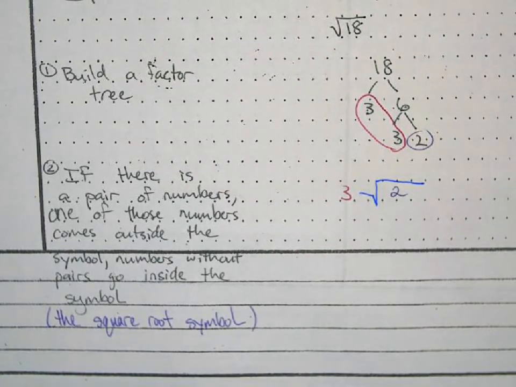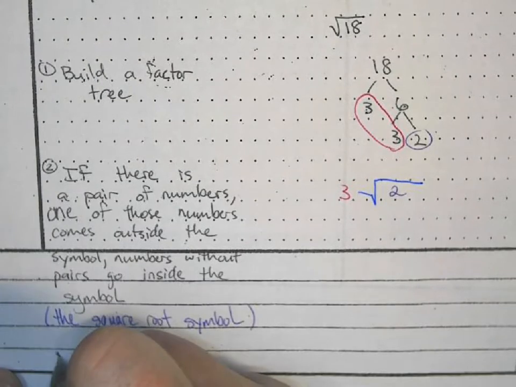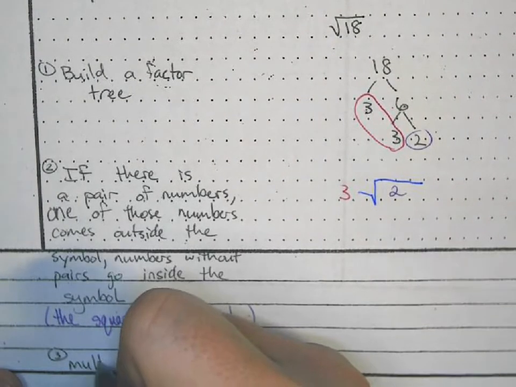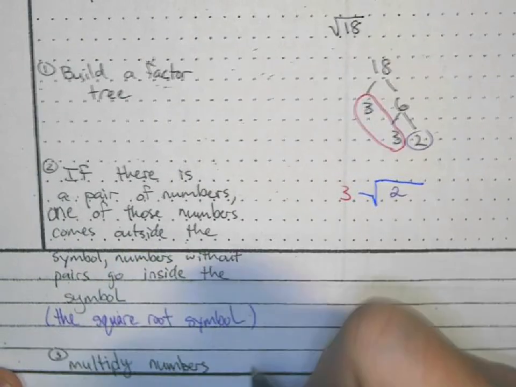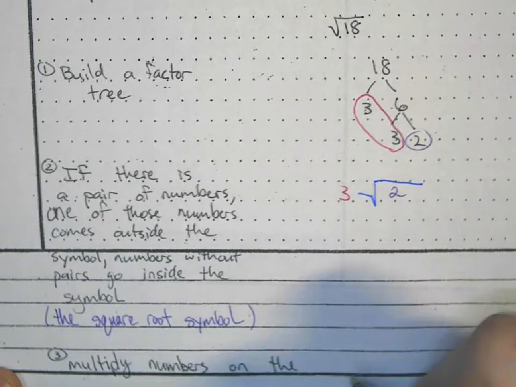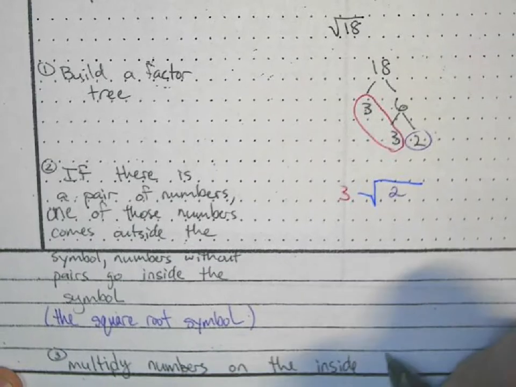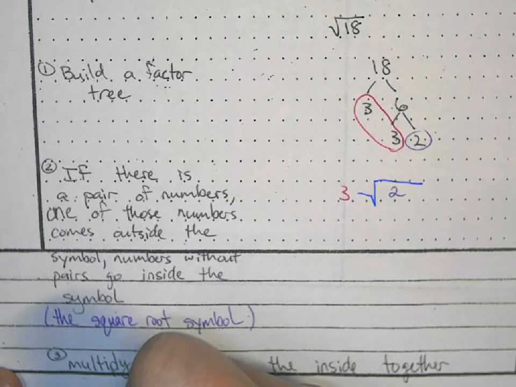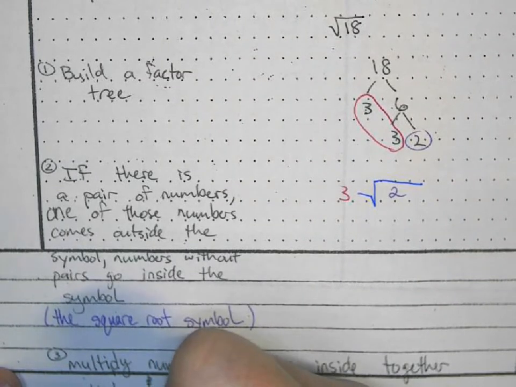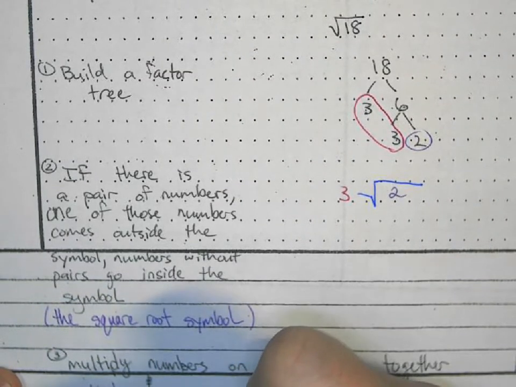Step 3, which we don't have on this problem. Multiply numbers on the inside together and multiply numbers on the outside together.